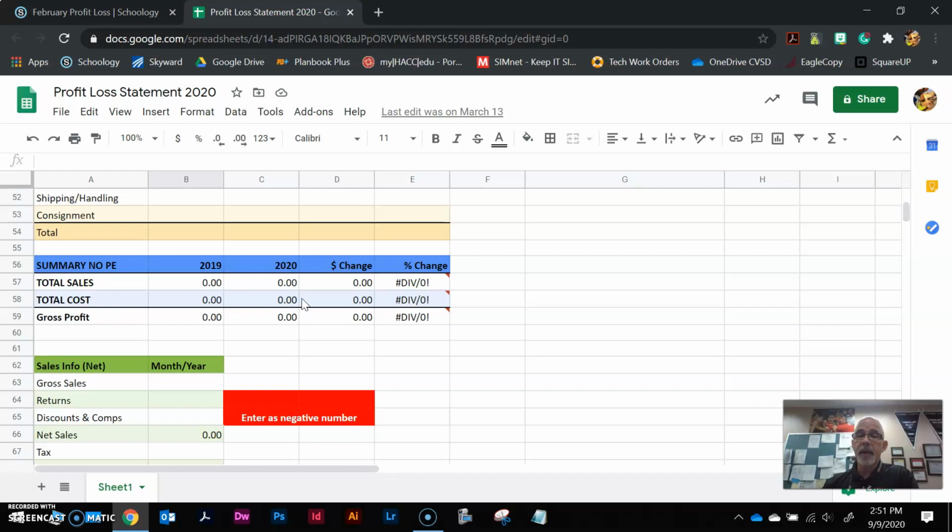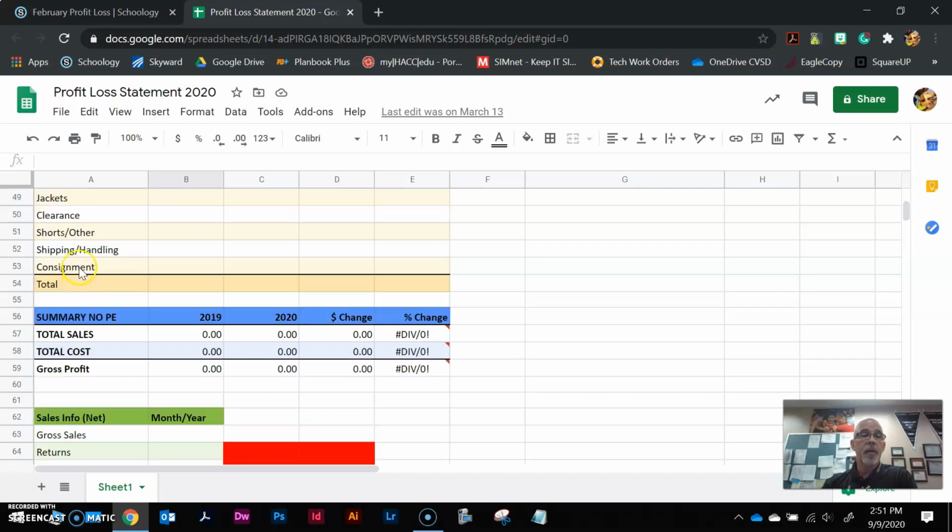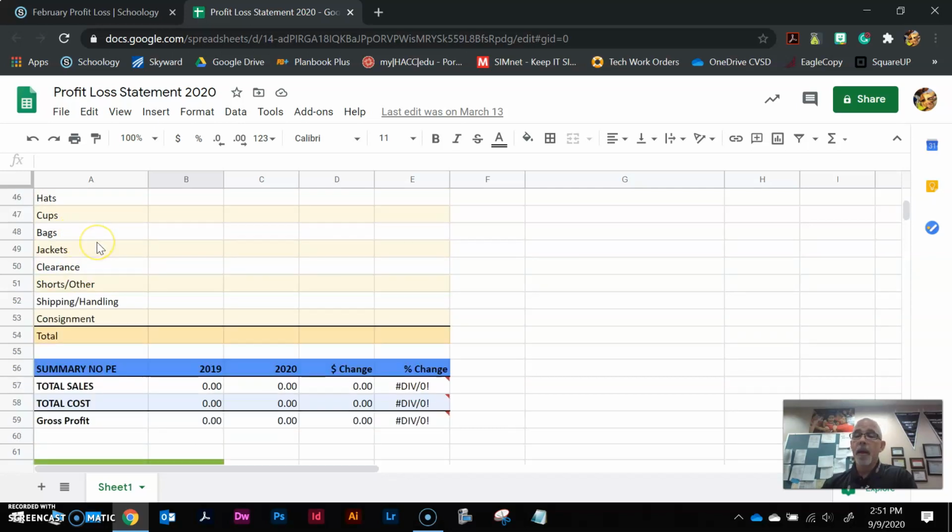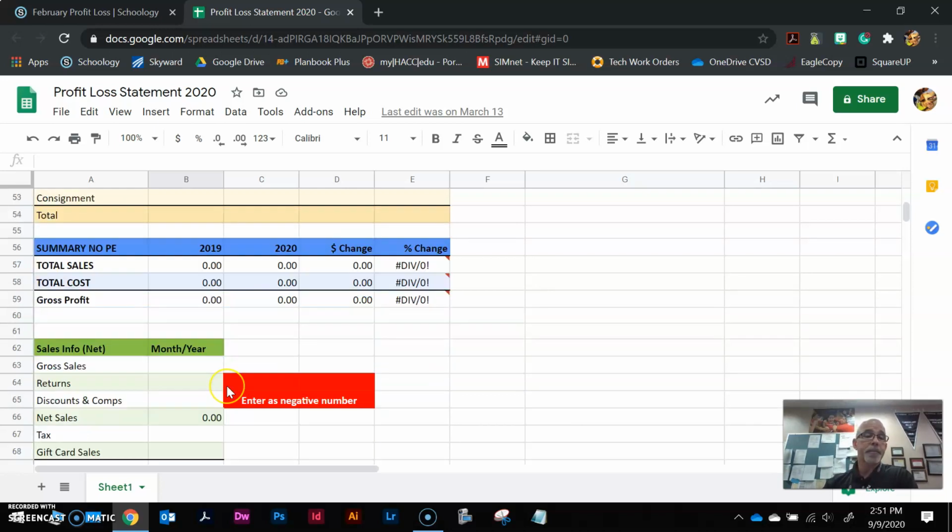And really for PE, they don't require students to wear gym clothes. They have to wear a change of clothes, so it's not required. So we don't get a lot of sales in this anyway. But I typically take out all the gym clothes, so I'm comparing apples to apples, meaning I want to see how our sales, not including gym clothes, look from year to year.